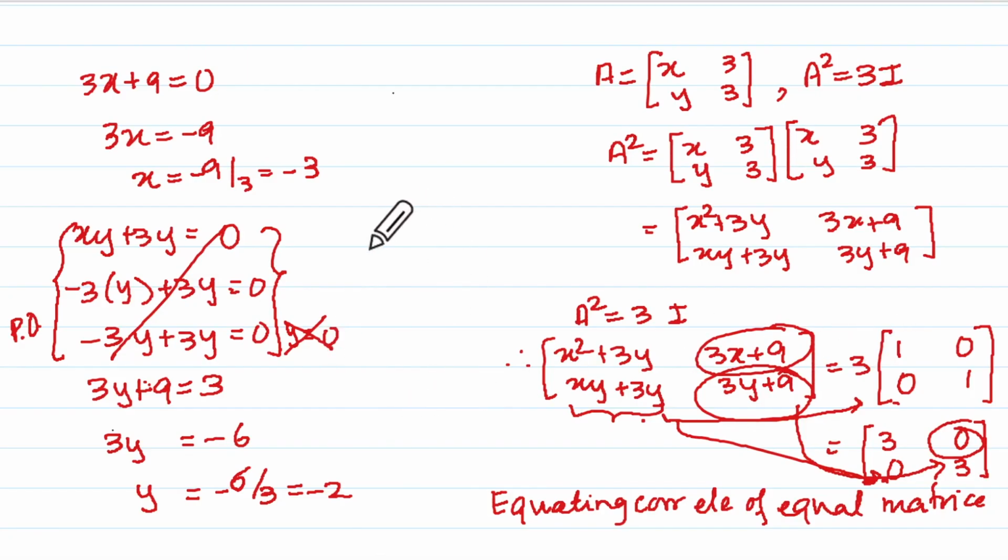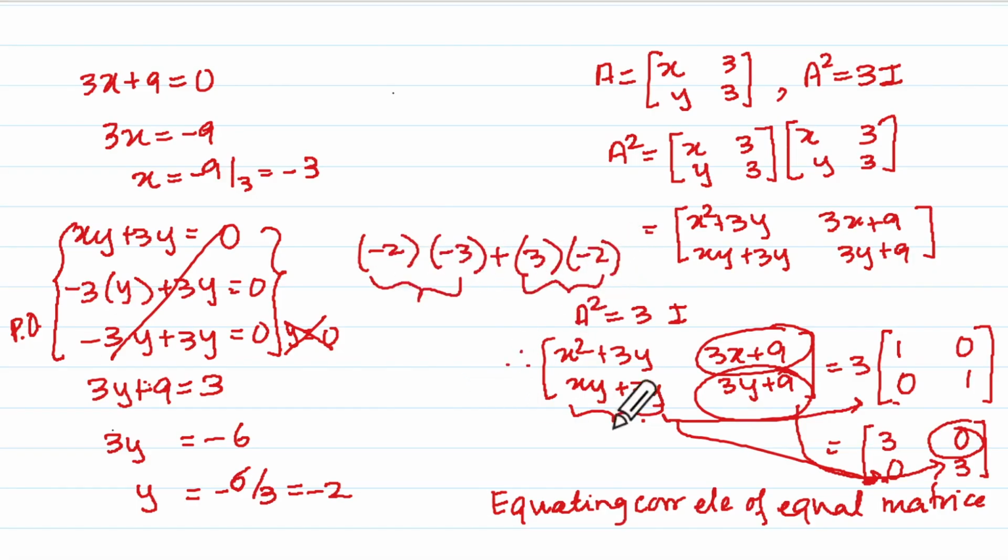Because x is minus 2, correct? y is minus 3, correct? Plus this is 3 into y, which is minus 2. So in this case, 6 minus 6 is giving you 0. So this is not wrong. But if I use this, I may conclude that y is equal to 0.